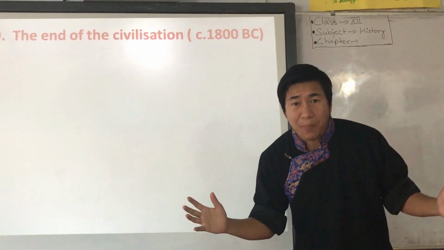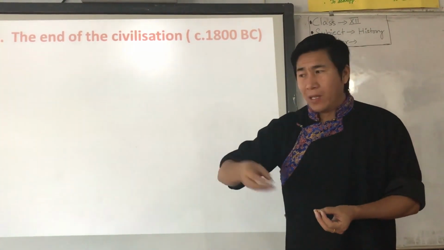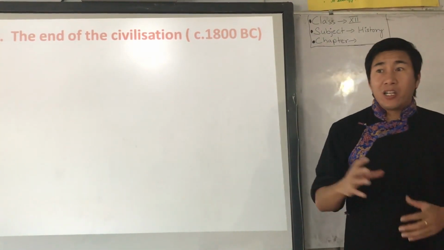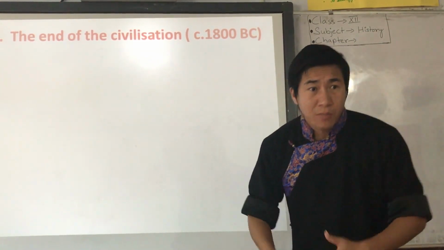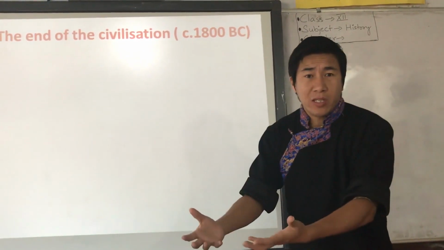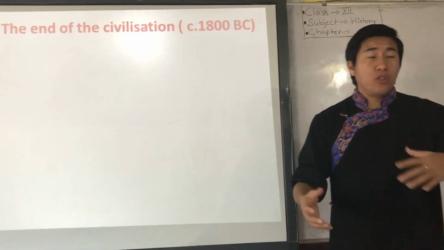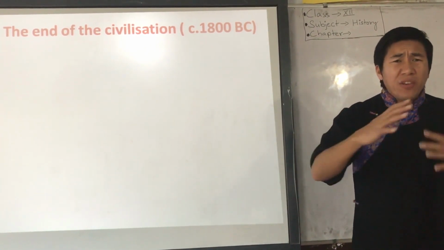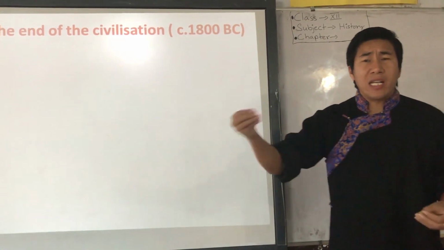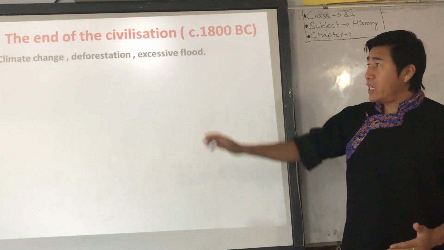Now, how did the decline happen? Many reasons are given by archaeologists. Some say the drying up of the river, some say floods, some say deforestation, and some say invasions.